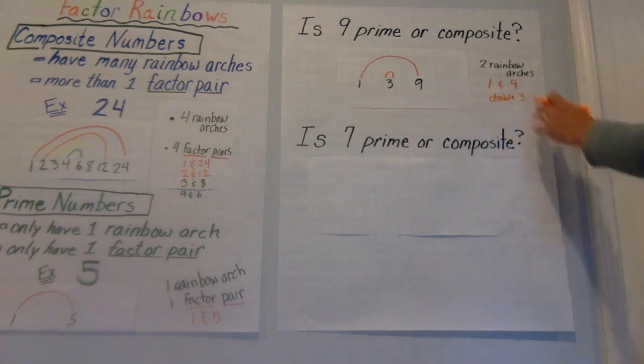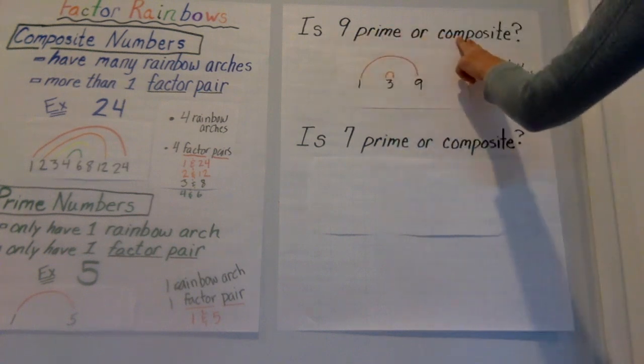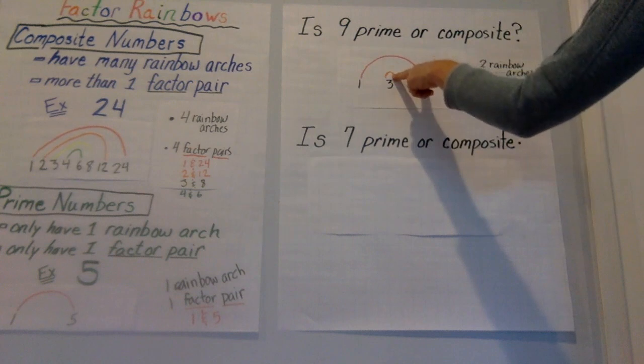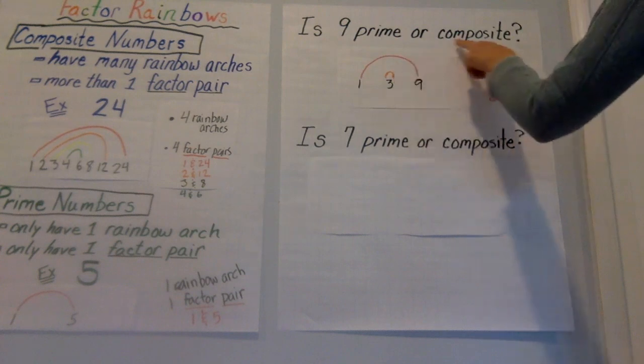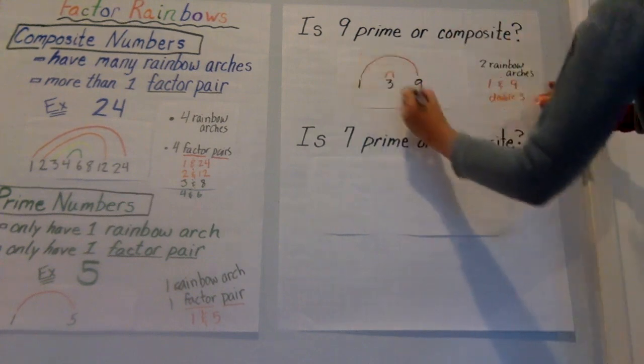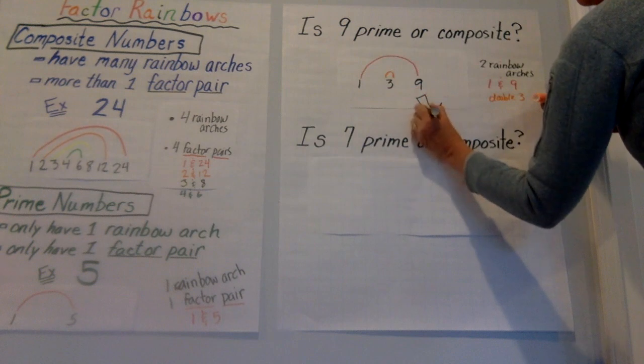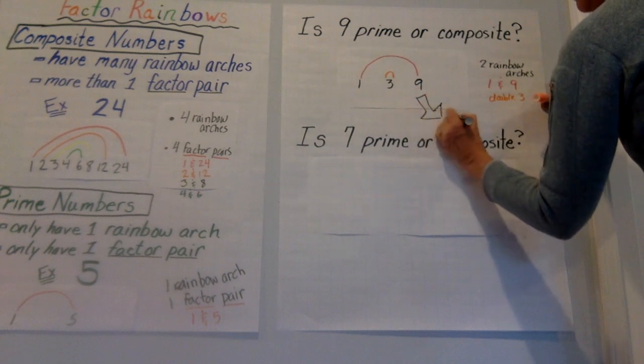Because of that, when we're asking is 9 prime or composite, since it has more than one arch, we know it's composite. So this number 9 is composite.